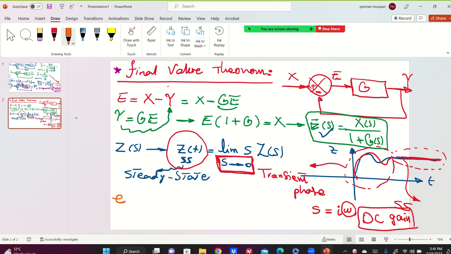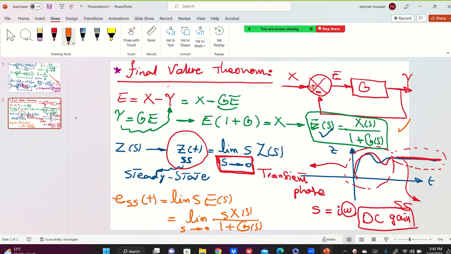So ESS, the steady state error signal in time, equals the limit of S E of S. But we calculated E of S. It's going to be the limit of S X of S over 1 plus the open loop transfer function when S goes to 0. Bingo. This is how we calculate it from the block diagram or transfer function.